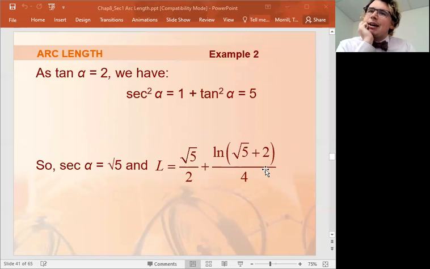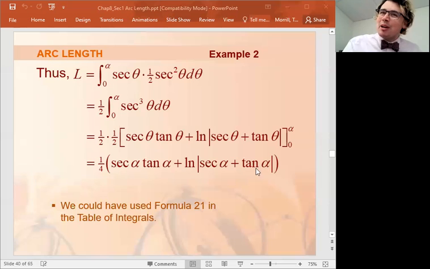Well, can I figure out the secant there? Well, secant squared of alpha is 1 plus tangent squared of alpha. That's just 5. So secant of alpha is the square root of 5. Let's go back to that formula one more time, real quick. I've got a quarter of the square root of 5 times 2.